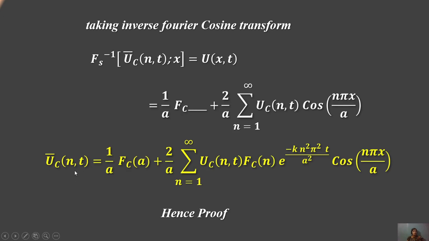This is the proof: using u_c(n,t) in this formula gives u(x,t) equals 1 by a f_c(0) plus 2 by a summation n equals 1 to infinity f_c(n) e to the power minus k n square pi square t upon a square cos(n pi x upon a).